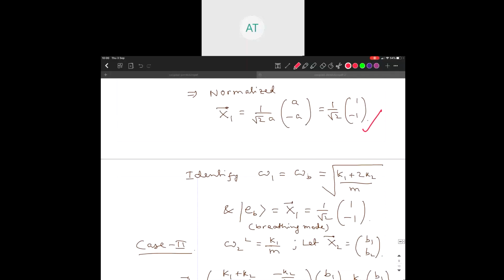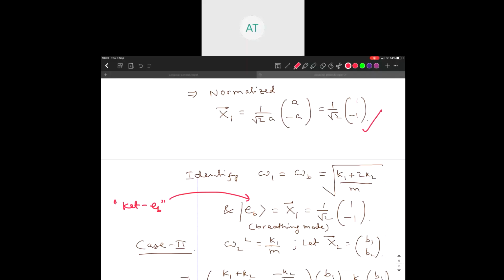And this we will represent using something which is called a ket of EB. This is the symbol which we will be using in this course.